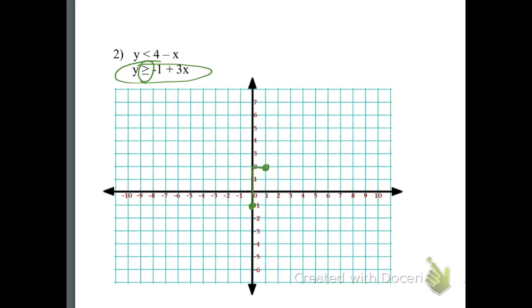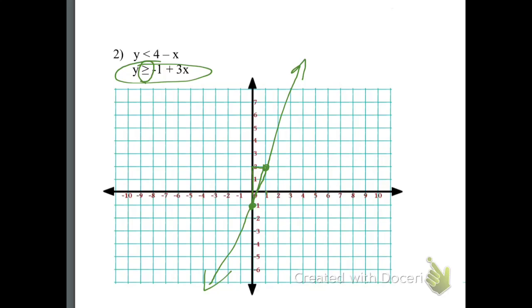I'm going to look at my inequality. It is greater than or equal to, so I'm going to have a solid line that connects through there, and I need to decide which side is going to be shaded.